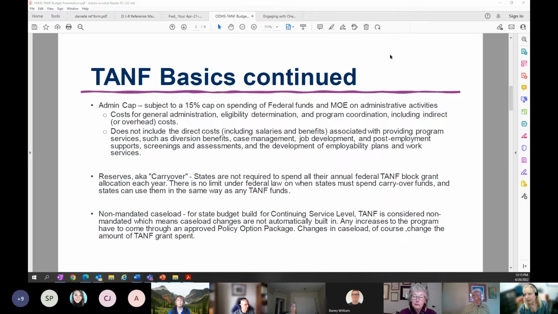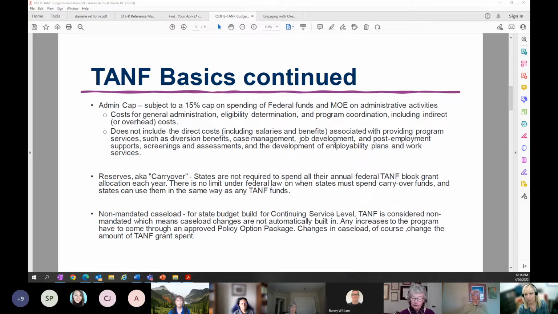And they have determined that our TANF program doesn't meet those requirements, so it's not considered a mandated program. So what that means is that when we build the next biennium's budget, we aren't allowed to automatically add funding if the caseload is projected to increase. What we have to do is put it into what's called a policy option package, which requires additional approval in order to get that funding built into the budget.